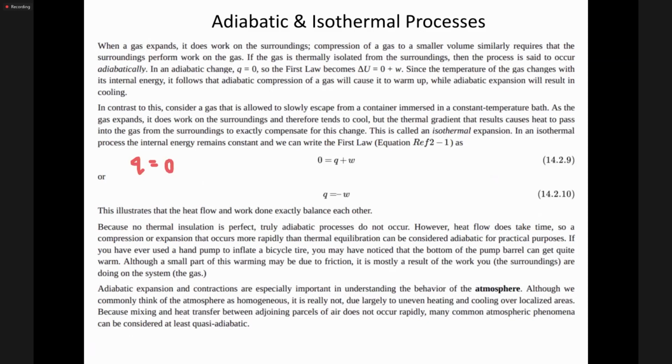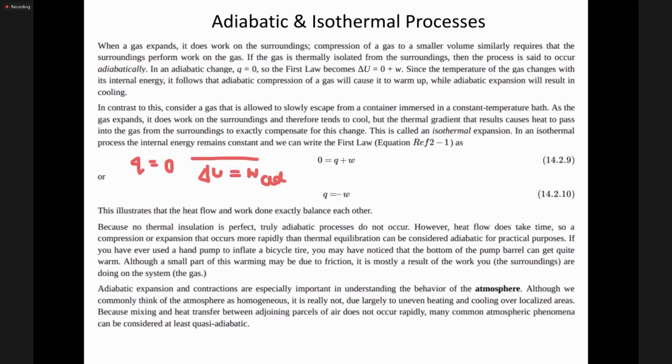So for an adiabatic process, Q is equal to 0. According to the first law of thermodynamics, you know that delta U is equal to Q plus W. If I consider Q as 0 for an adiabatic process, then delta U becomes 0 plus W. So delta U is equal to W_ad for an adiabatic process.